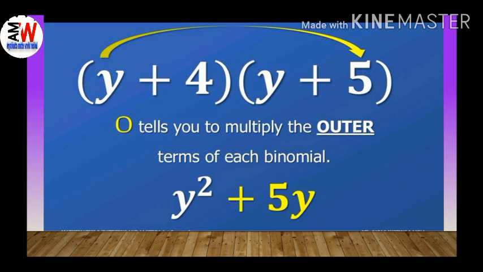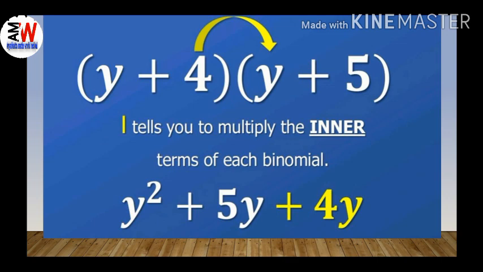Next, in FOIL, O tells you to multiply the outer terms: y into 5 is 5y. In FOIL, I tells you to multiply the inner terms of each binomial.